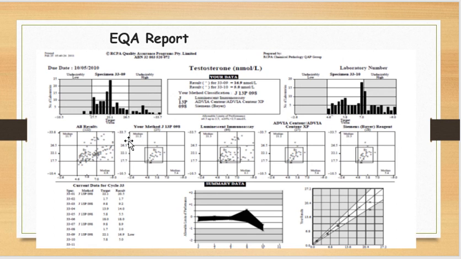So what happens here is your result will be compared to the whole participant group. Maybe your result is somewhere in here.